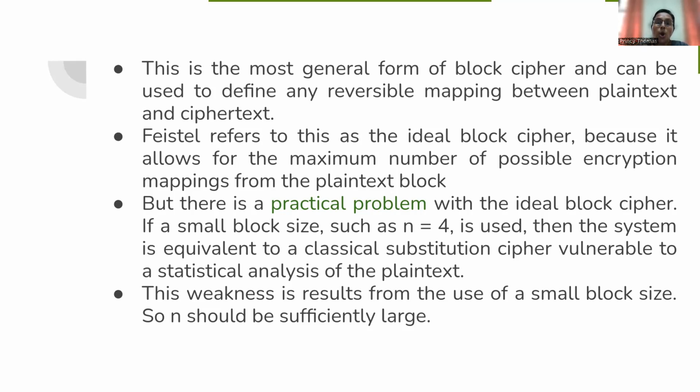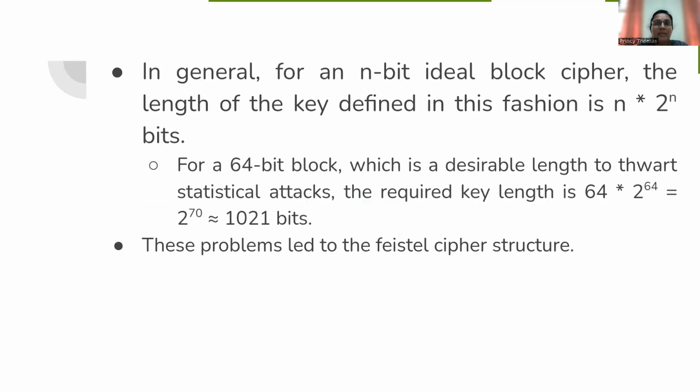So to solve this particular problem, instead of having 4-bit data or 5-bit data, the size of the block is sufficiently increased. When the size of the block is sufficiently large, then cryptanalysis becomes infeasible. So in general, for an n-bit ideal block cipher, the length of the key defined should be n into 2 raised to n.